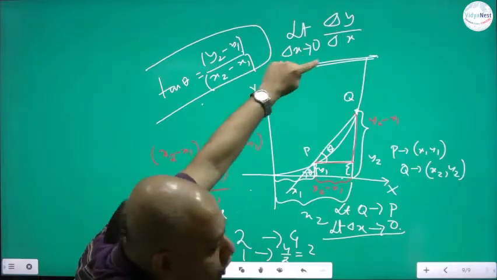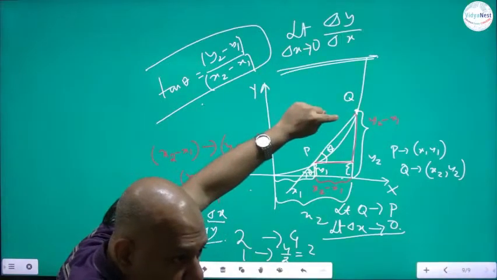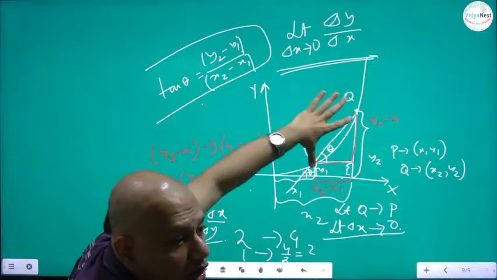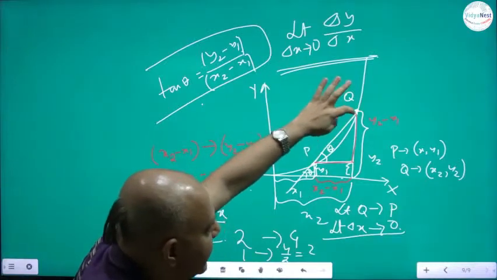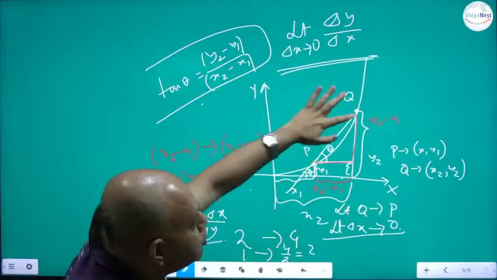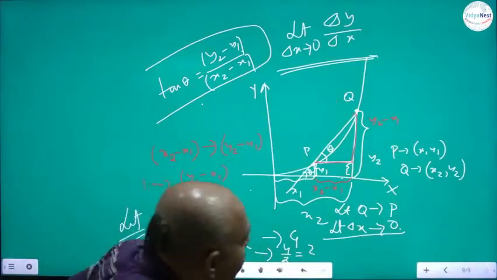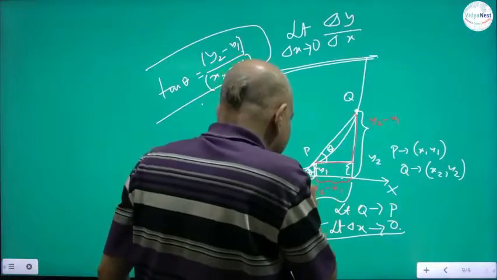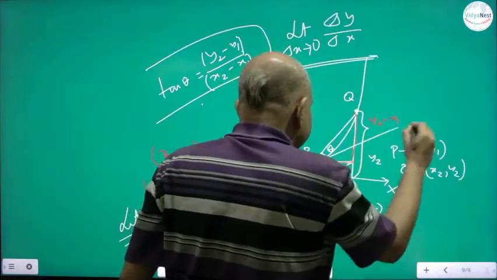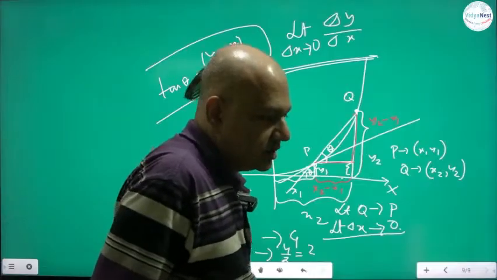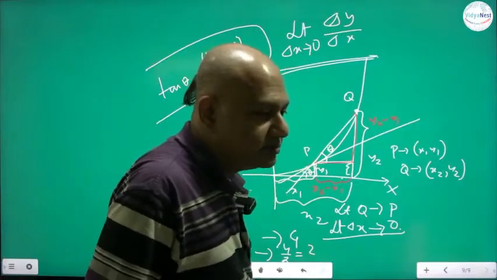It is going to become slope of whom? Of this chord. But chord, I'm not going to get these two separate points, because when Q is extremely nearer to P, then this chord is going to become almost a tangent. It is going to touch in a single point.